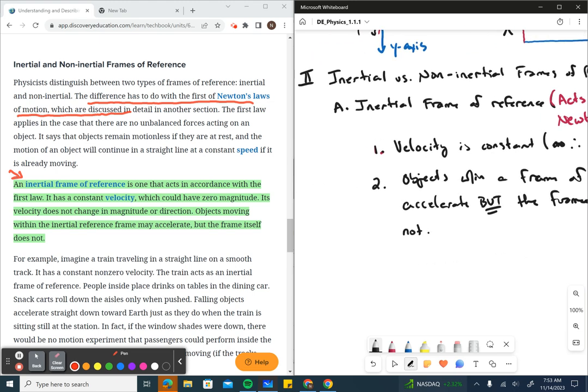Think about being in an elevator, perhaps, and the elevator is moving at a constant speed. You can walk around in the elevator, and for the most part, you are unaware that something is happening unless the elevator stops or suddenly falls. Maybe it's the same thing as being on an airplane or on a train or even in a car.